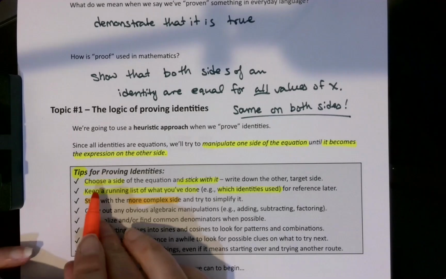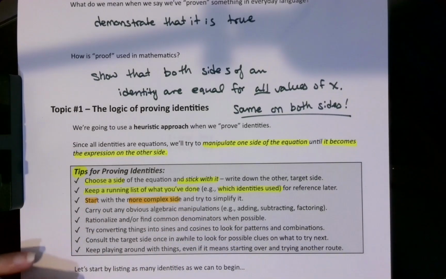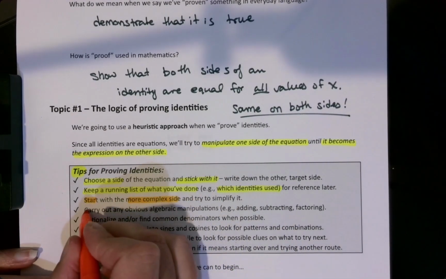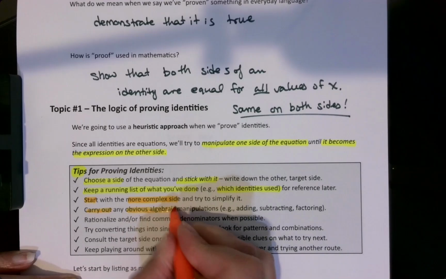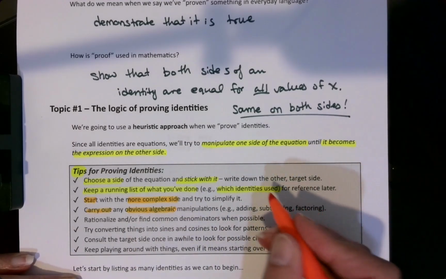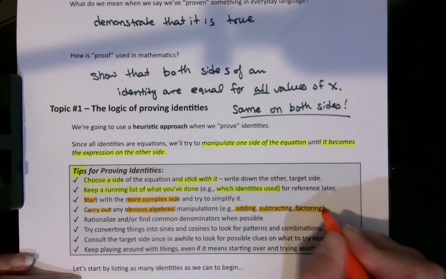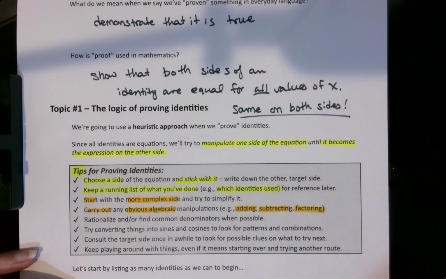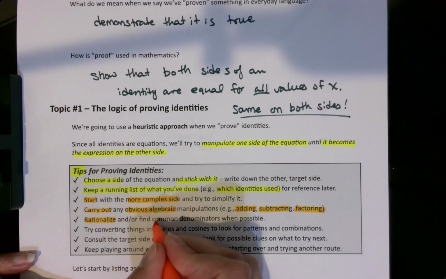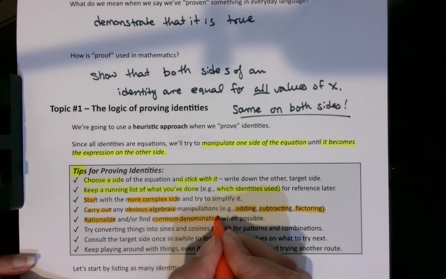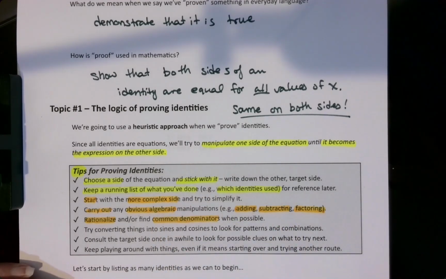When you're trying to choose a side that's more complex, you want to carry out any obvious algebraic manipulations, i.e. adding, subtracting, factoring, combining like terms, etc. You also want to rationalize and/or find common denominators when possible.